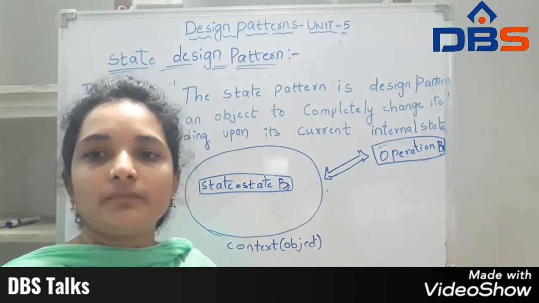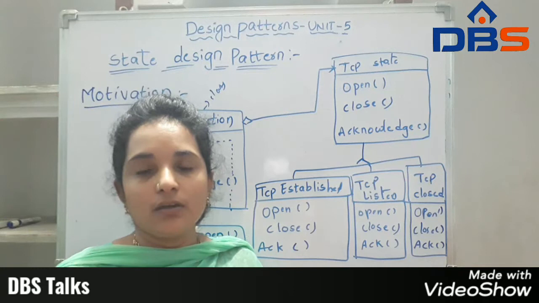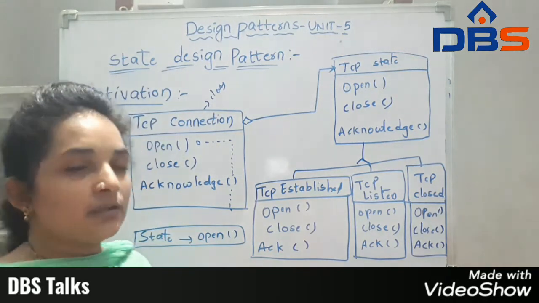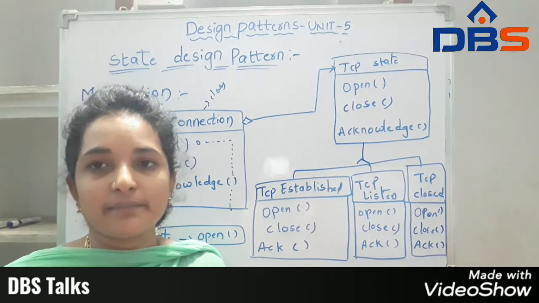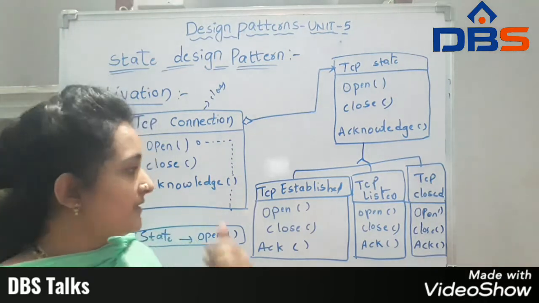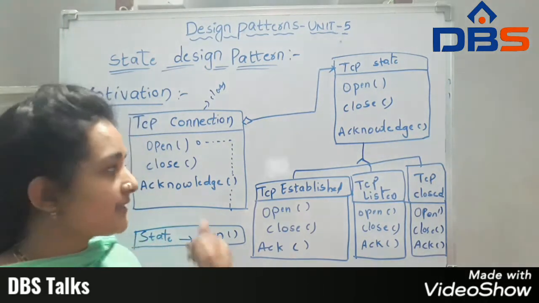Now coming to motivation. In the motivation I have a small image, and by seeing this image we will explain the state design pattern. Here we are considering a TCP connection, which is a class.